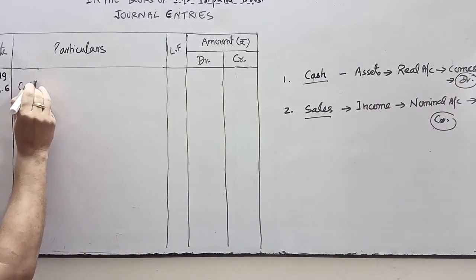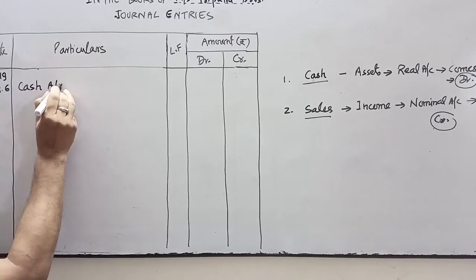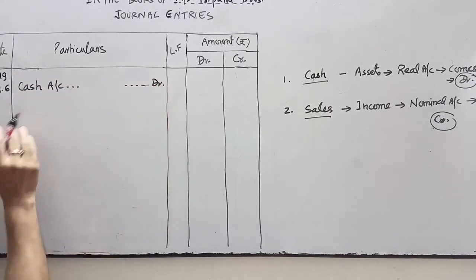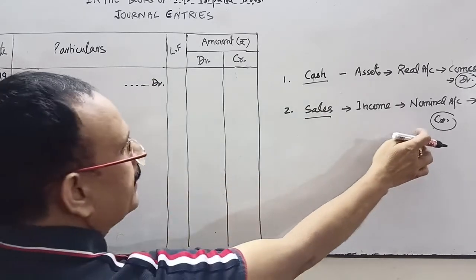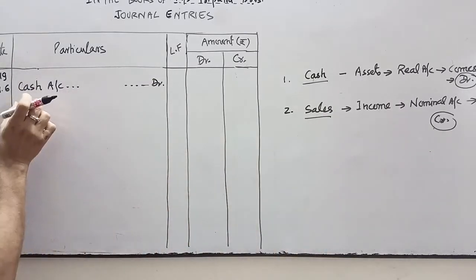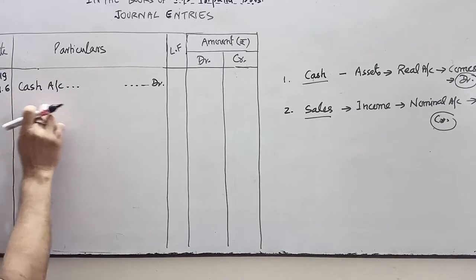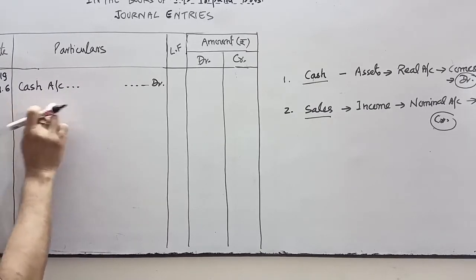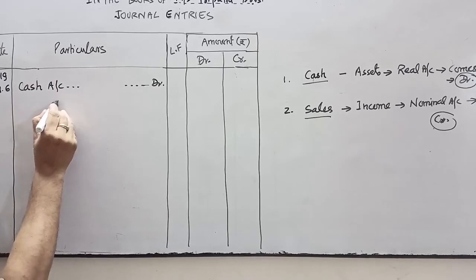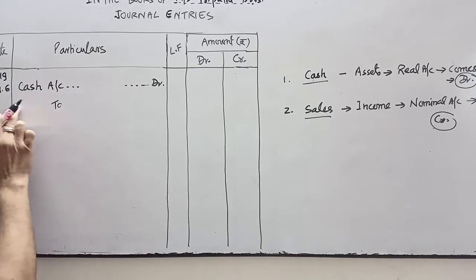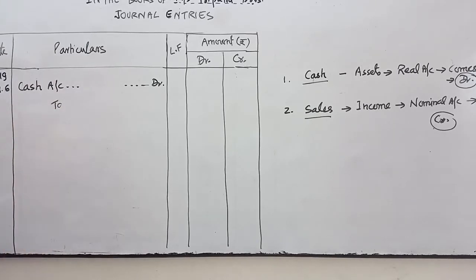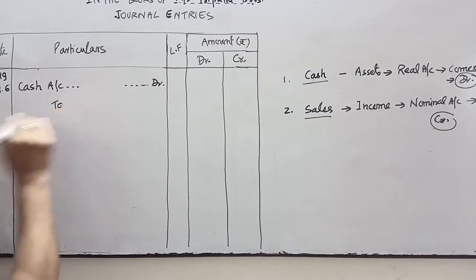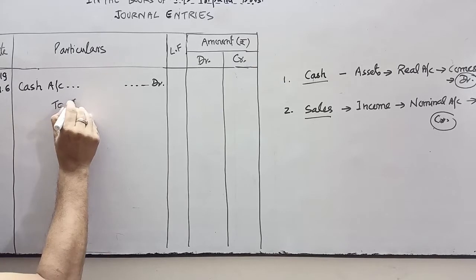So we'll write like this: cash account debit. And when we write the credit, as I discussed previously, we will leave some space over here. We start the "To" from here, with one space. Credit starts with "To" sales account.